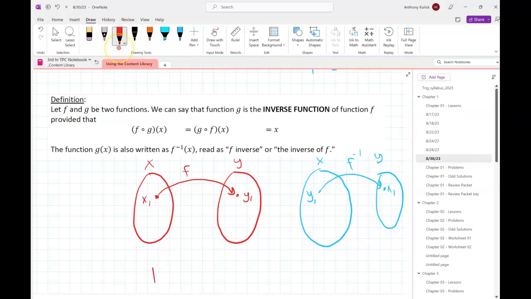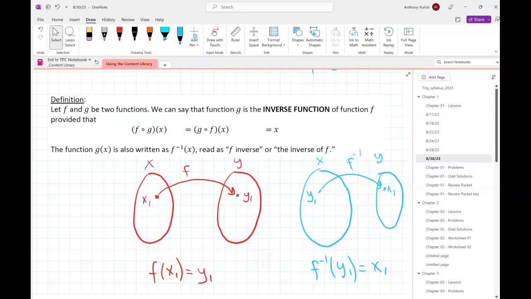Right? So we're saying that if f of x1 gives me y1, then f inverse of y1 has to give me back x1. It has to be our map back to where we started.